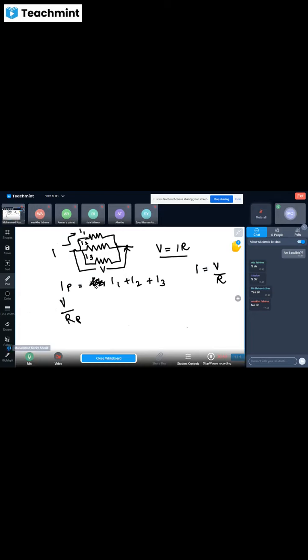So here in this case, V by Rp is equal to V by R1 plus V by R2 plus V by R3. Okay, fine, clear?